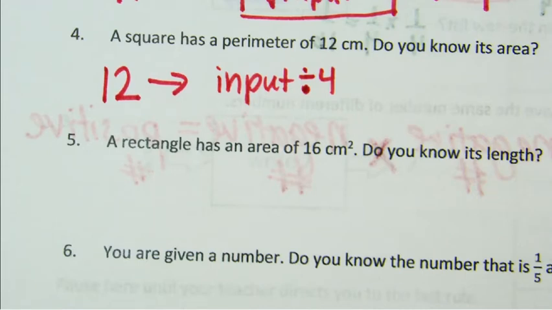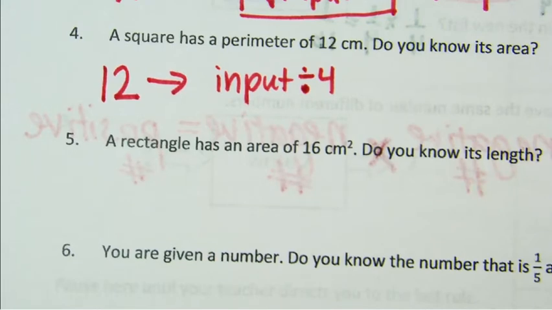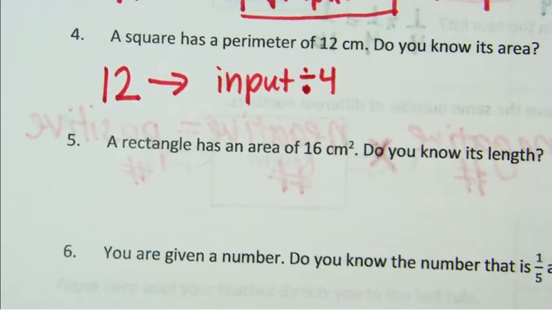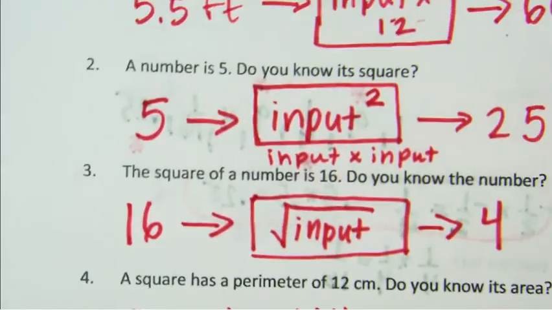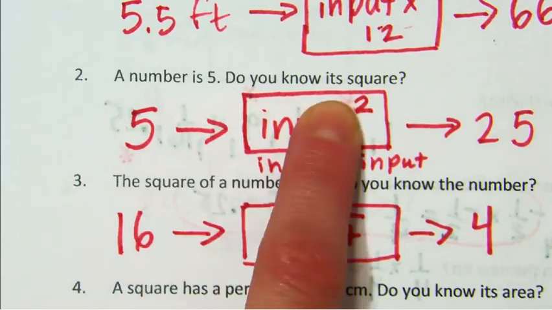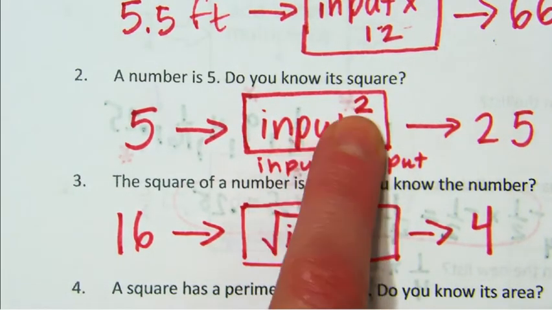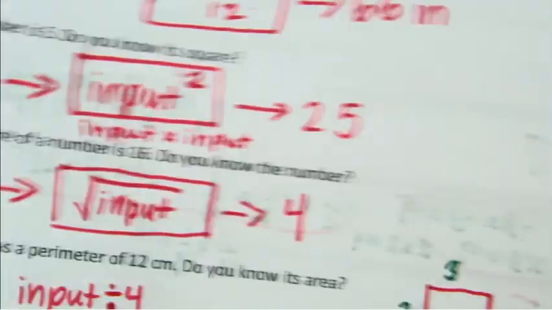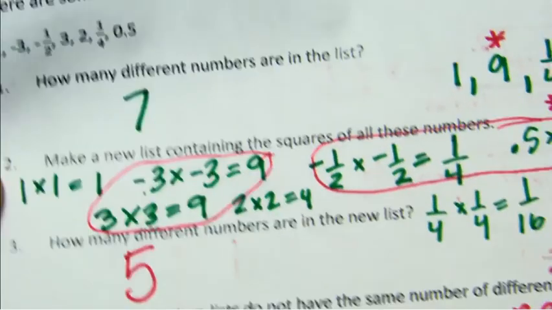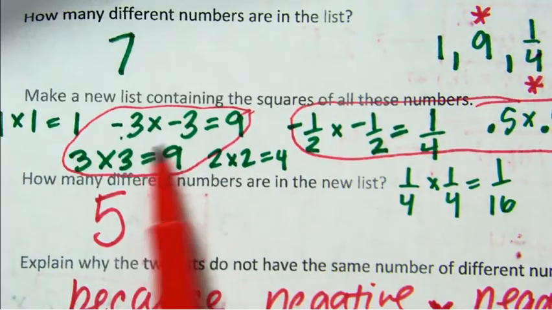I'm hearing, no, not square root, squared. I heard a couple people like whisper it, squared, right? So if I square a number, that's multiplying by itself, right? Up here, to find the square, it was input times input, or input squared, right? On this side, they said, make a new list containing all the squares, and we took the number times itself.